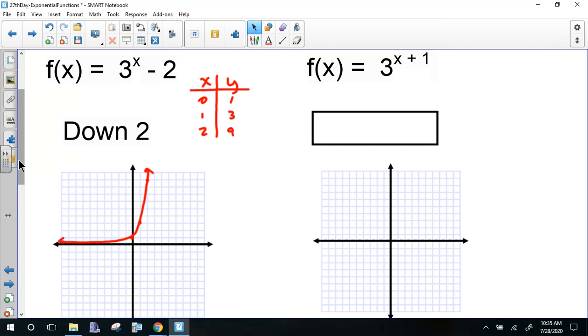And if I move that down 2, each one of these points comes down 2. So this one would be y equals 3 to the x minus 2.